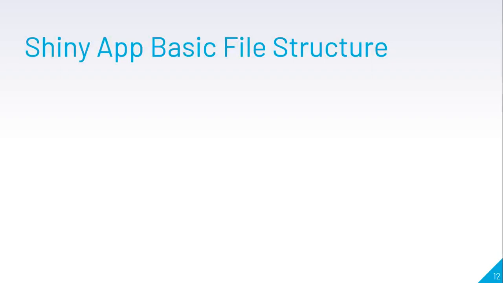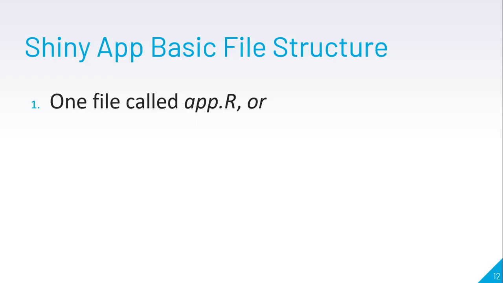So R Shiny would need you to have a file structure as any other web application. We have two R Shiny file structures. One is the one-file structure where your application is in one file, and that file we name app.R.